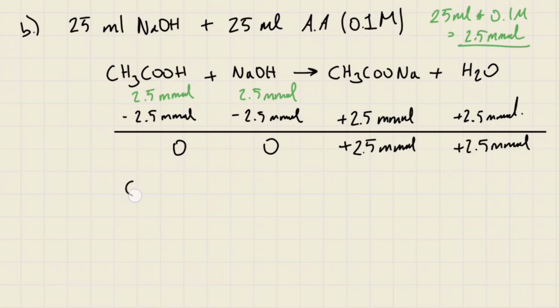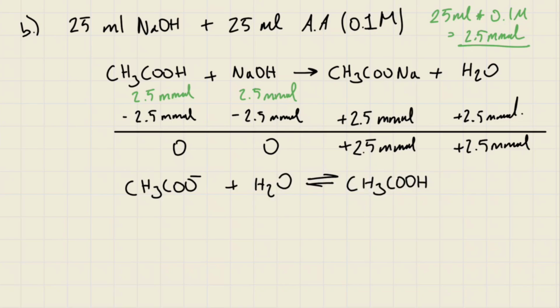It ionizes in water and reacts with water again. So we will have acetic acid plus OH minus ions. So in this case, we need to calculate the Kb since we are creating the OH here.